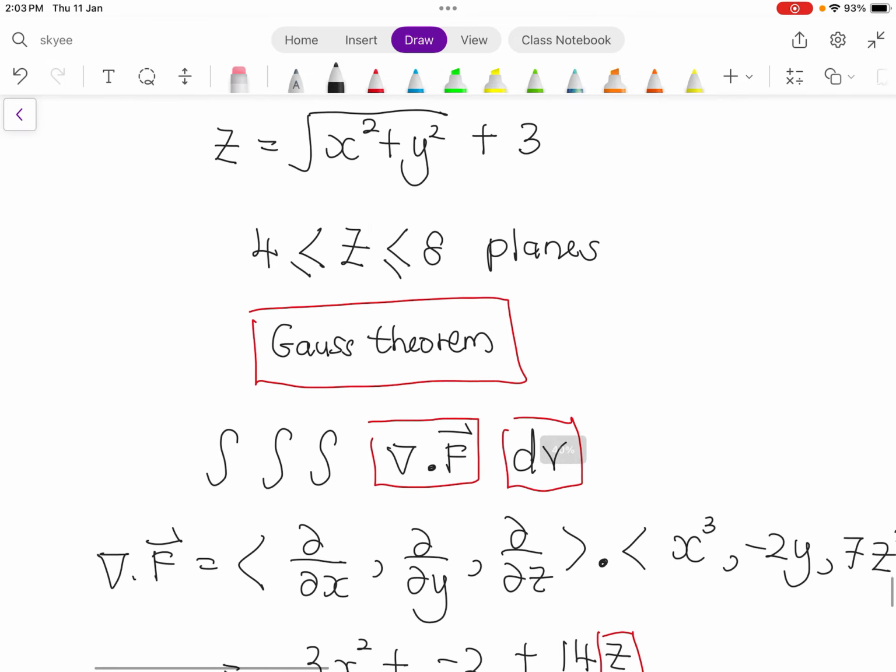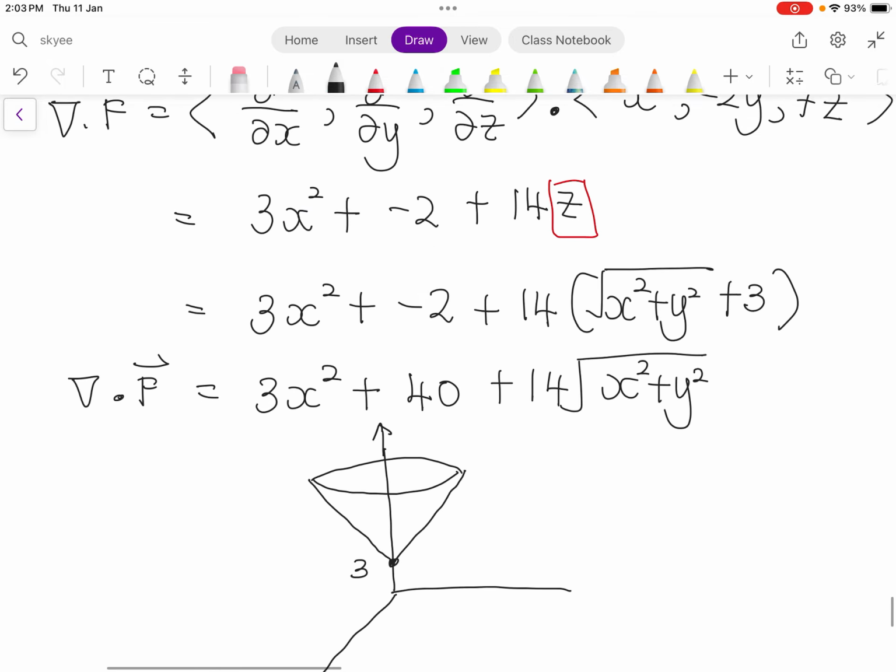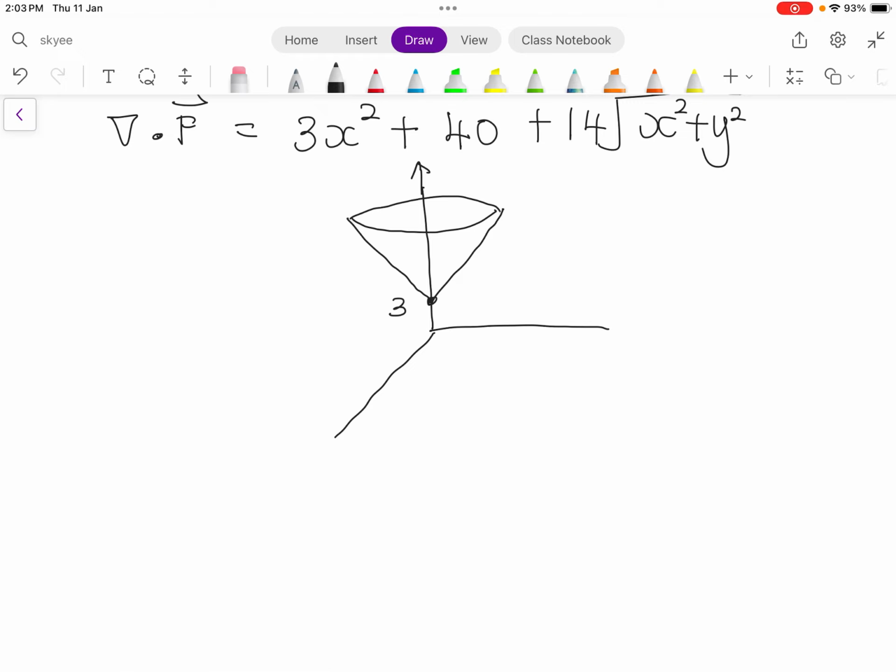The question mentioned it is in between the 4 and 8 planes. So 4 might be here, 8 will be here. So it means this part.